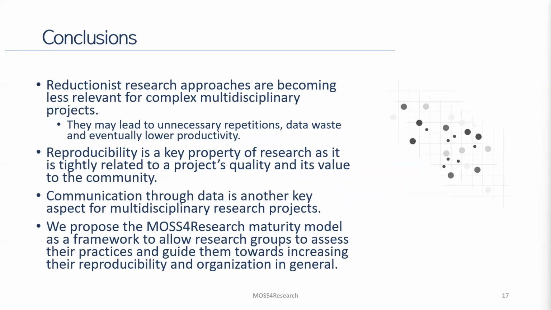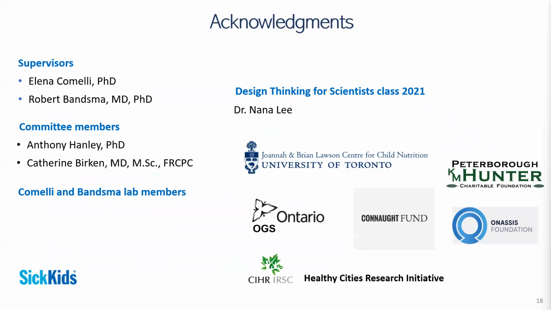We tested this model, and we propose models like the one that we developed, as they might show some potential in allowing research groups to assess their practices and guide them towards increasing their reproducibility and organization in general.